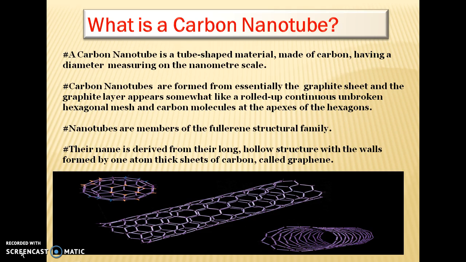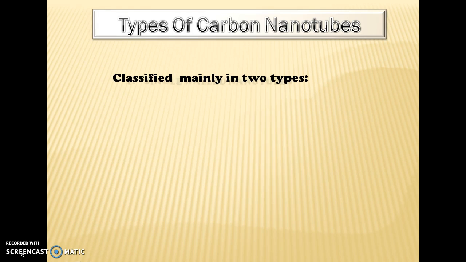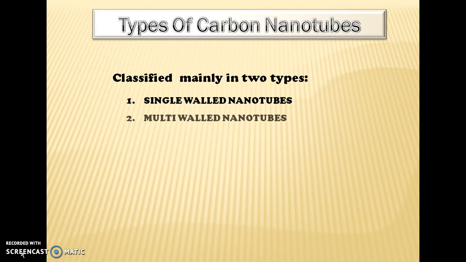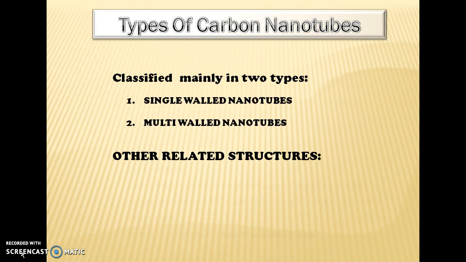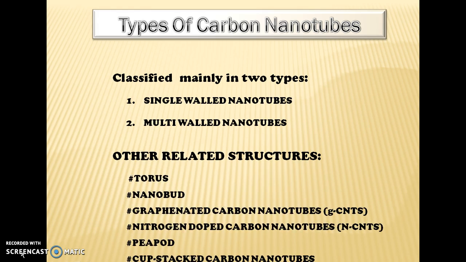They are hollow, long structures with thin walls, formed by a one-atom-thick sheet of carbon called graphene. So there are many types of carbon nanotube. These may be classified into two types: single wall nanotube and multi-wall nanotube.